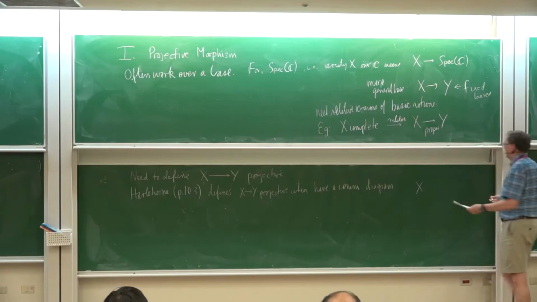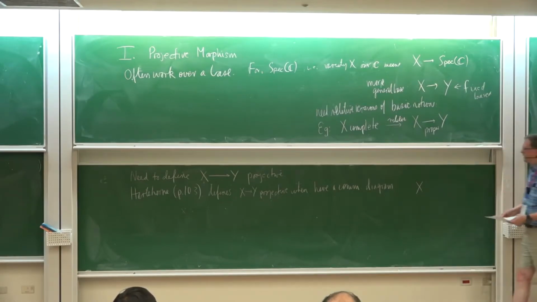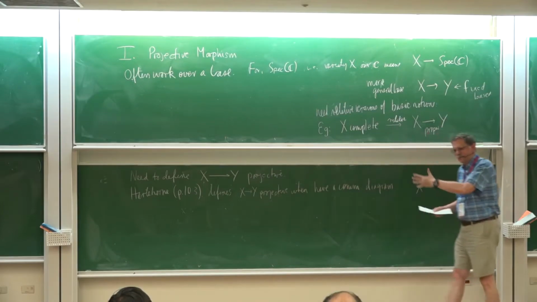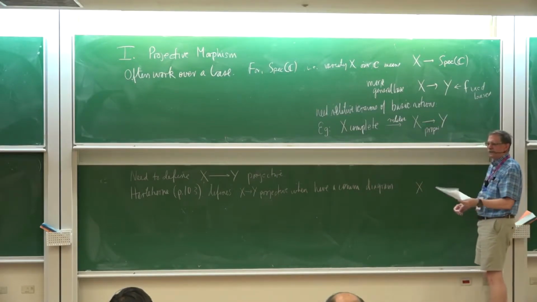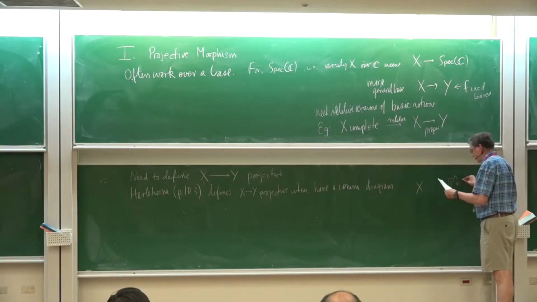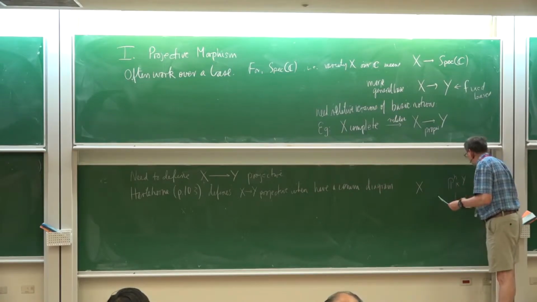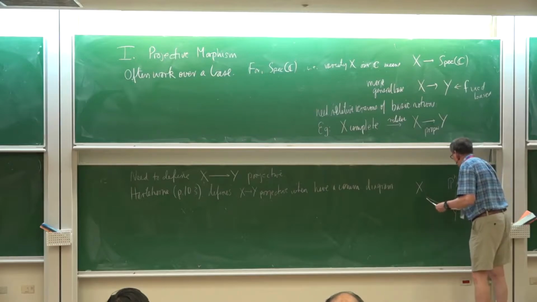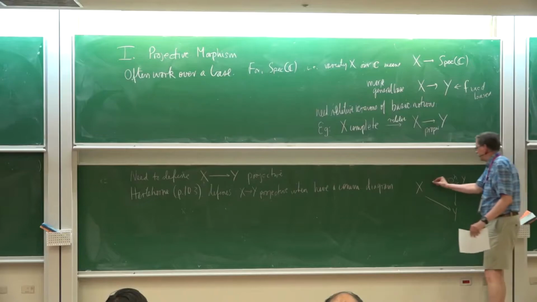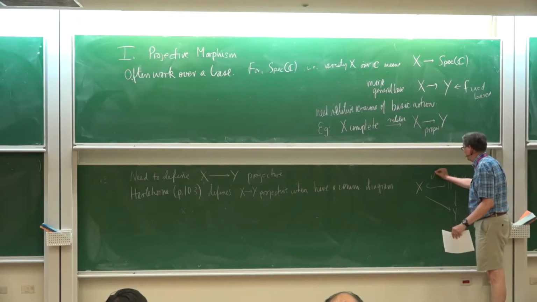Well, first of all, in a projective variety, you just embed it into projective space. What's the relative version of projective space? Well, it's pretty obviously P^n cross Y. And so what you want to do is map into a relative projective space. You simply want a closed embedding.